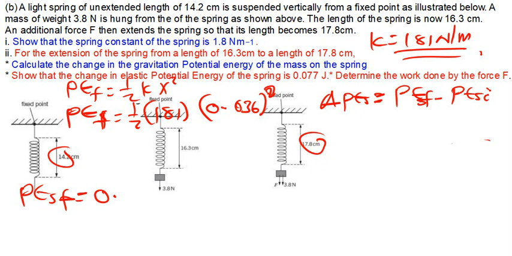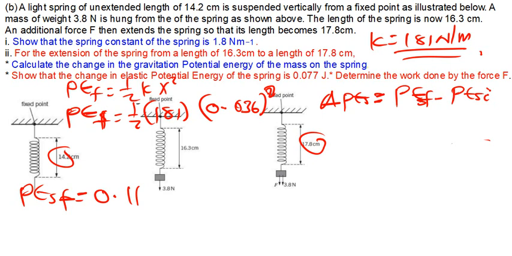What are you getting? Okay, so I'm getting 0.117288.